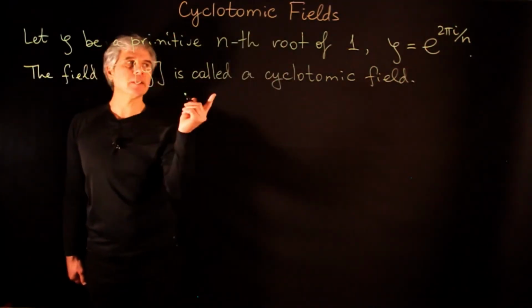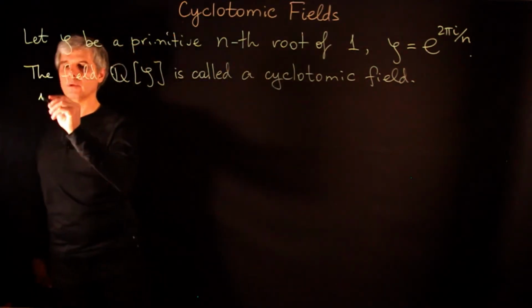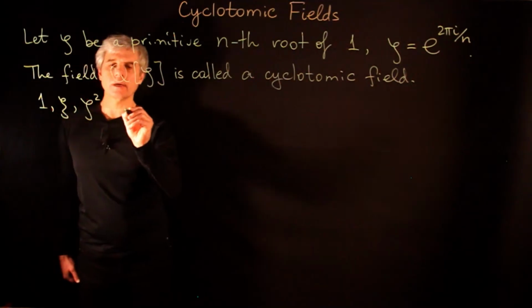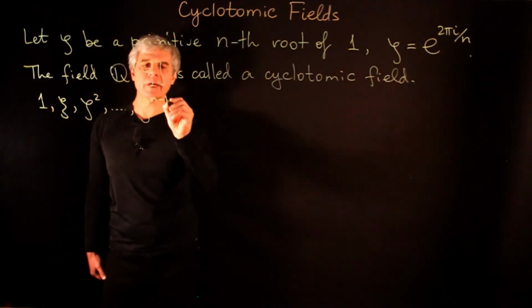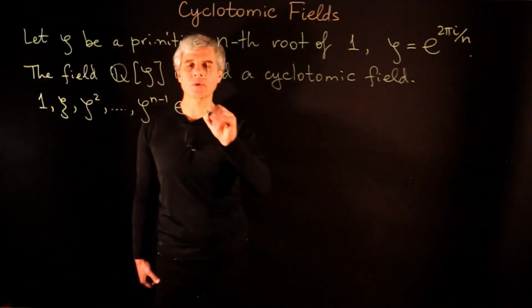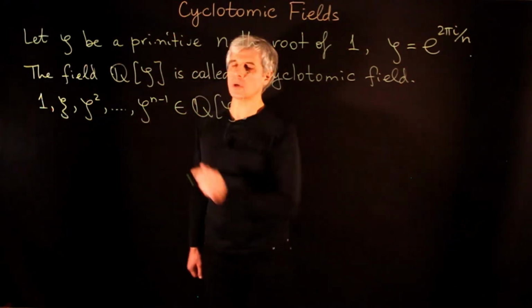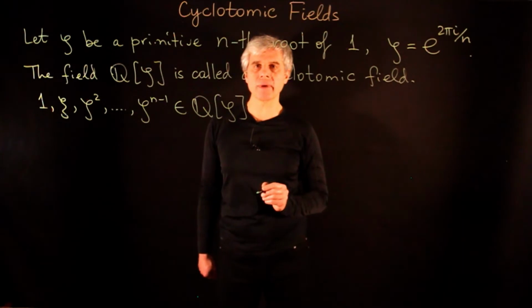Clearly, this field contains all nth roots of unity. So we have 1, zeta, zeta squared, up to zeta to the power n minus 1. All, of course, belong to Q of zeta. And these are the roots of the polynomial x to the power n minus 1.